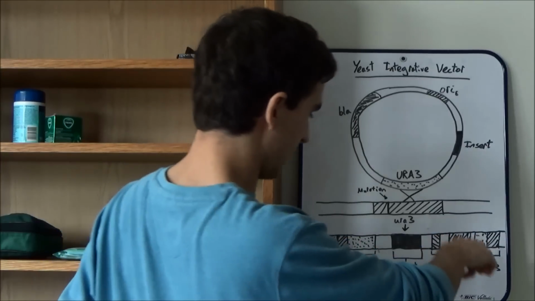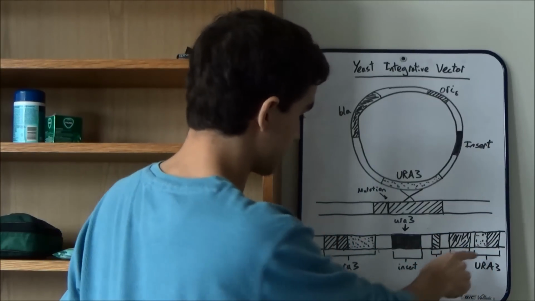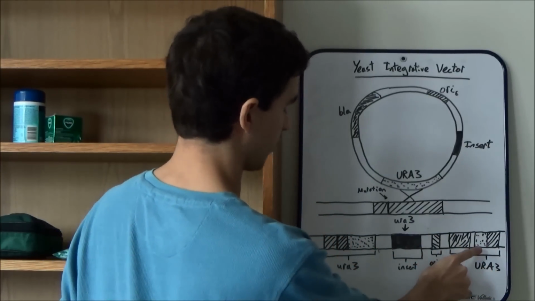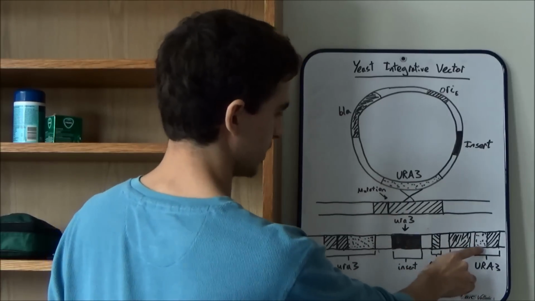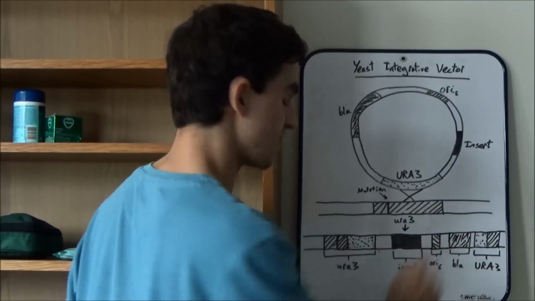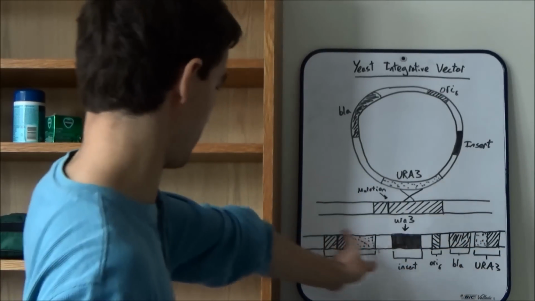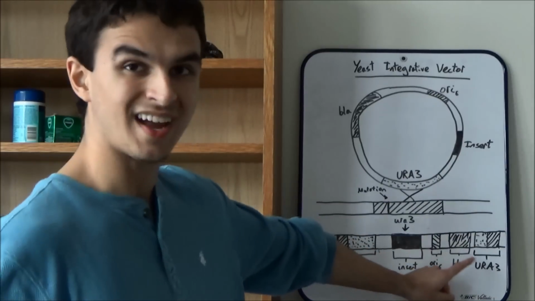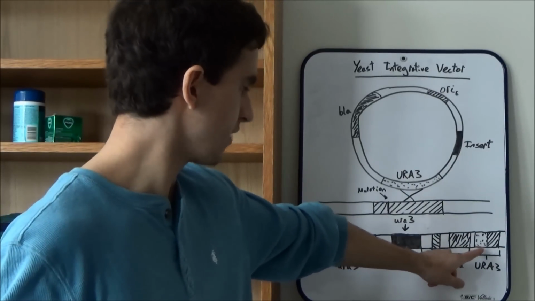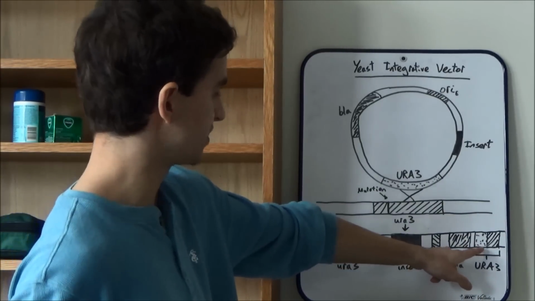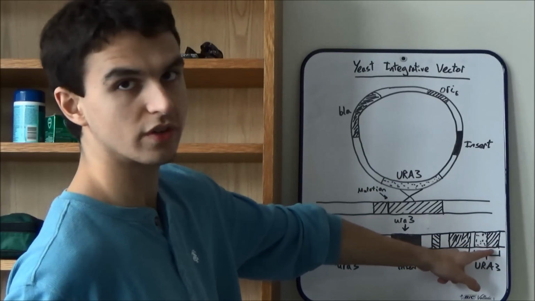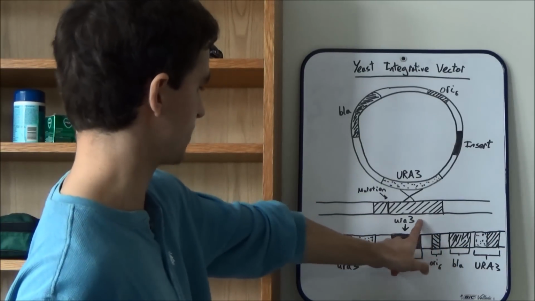What we have here is the start of the URA3 gene, which was in our plasmid. This is where the mutation was in the mutated version, here. But now, we don't have a mutation, and it's stuck on to the end of the URA3 gene that was in the chromosome to start with.